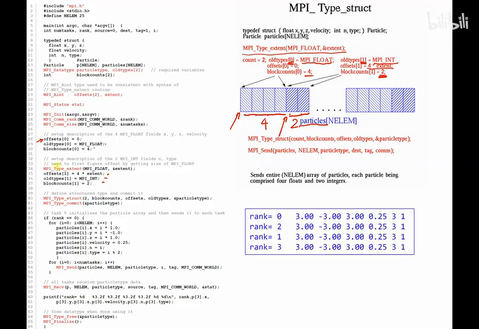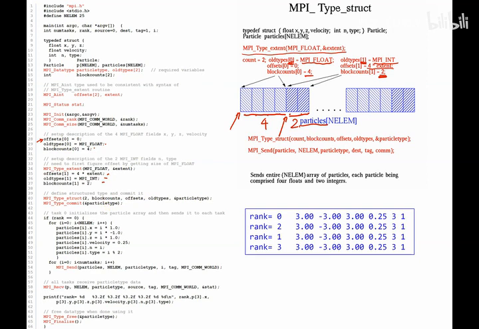Now we've built these 3 vectors: the offsets, the old types, and the block counts. Now we can call MPI type struct with these counts, the offsets, and the types, and that creates a new type, which we call particle type. After creating that, we commit it.